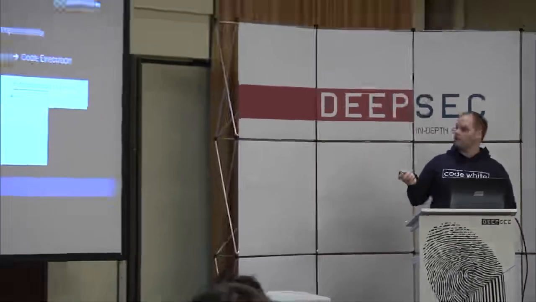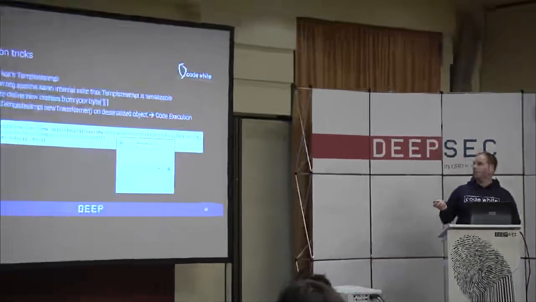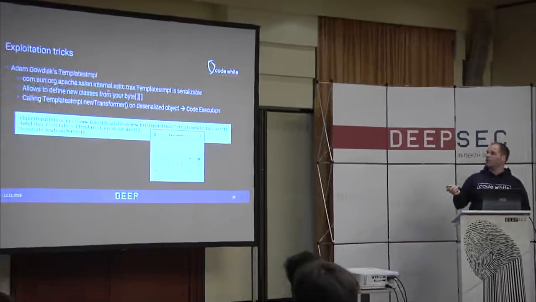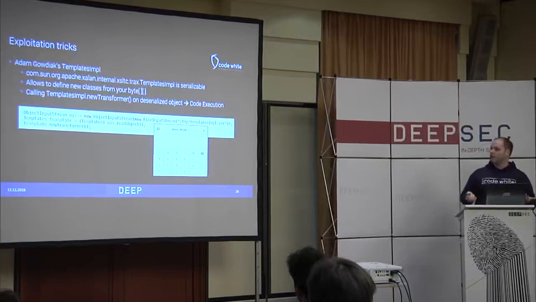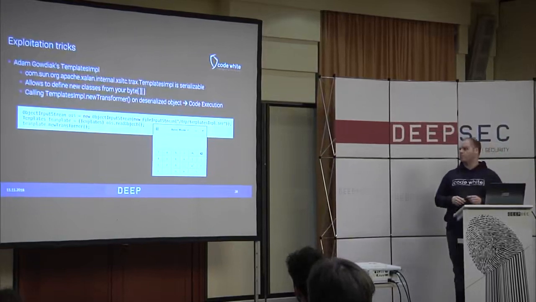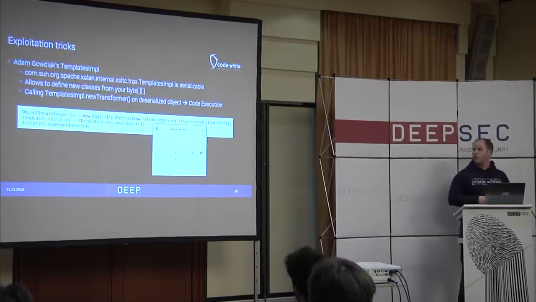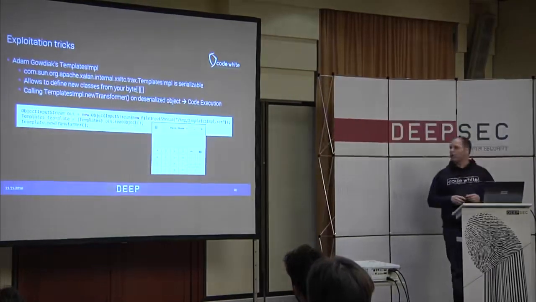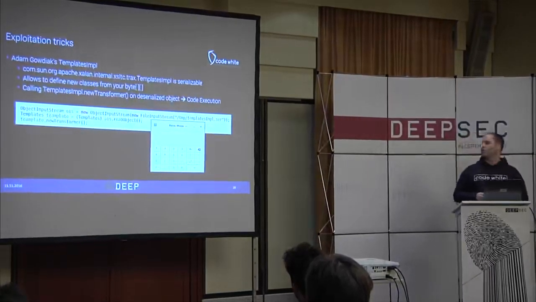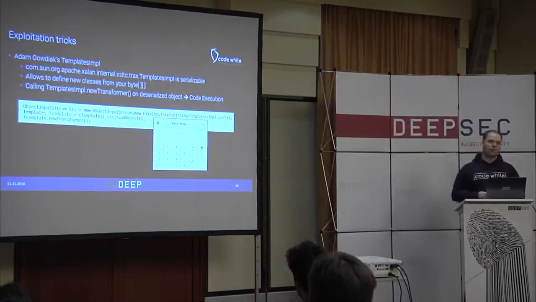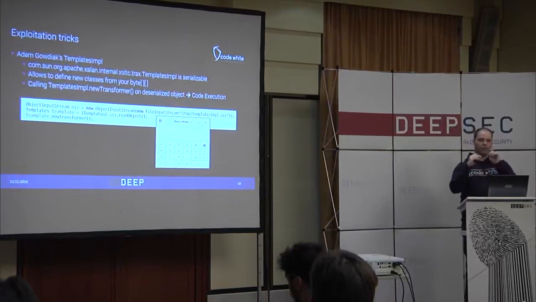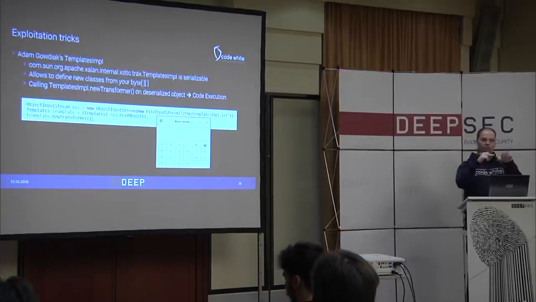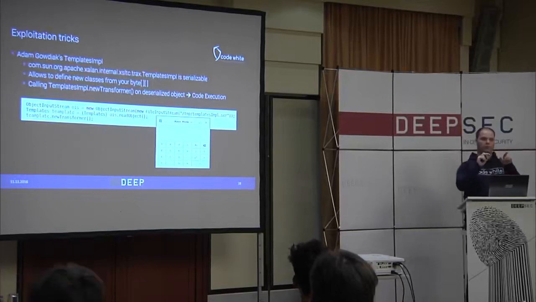And the TemplatesImpl class is very, very interesting. It's from the Xalan package of Apache, so it's used for XSLT processing. It's serializable, and it has one member field, which is a 2-dimensional byte array. Whenever you invoke the newTransformer method on a TemplatesImpl class, the following happens: it takes the bytes from the byte arrays, defines a new class from the bytes, and creates a new instance of the class.